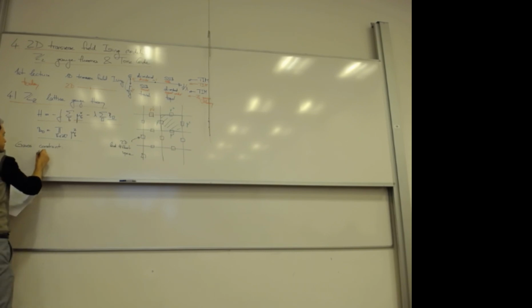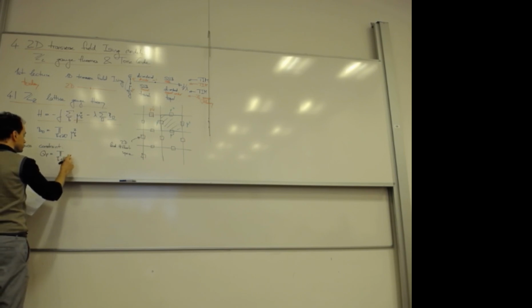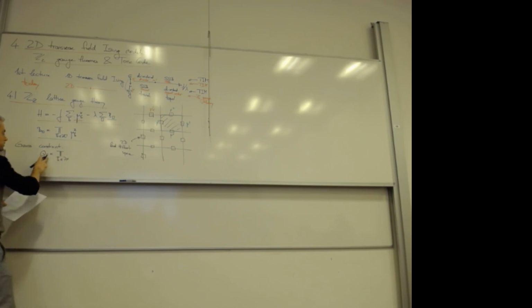So there is an operator that we define that is Q_R, the product of all B's adjacent to a certain point. So B denotes a bond on the lattice, R denotes a vertex on the lattice.